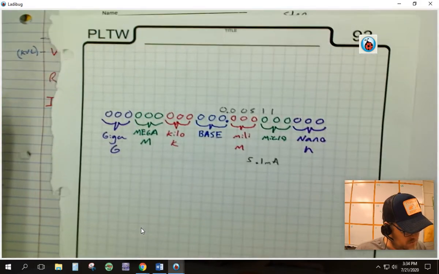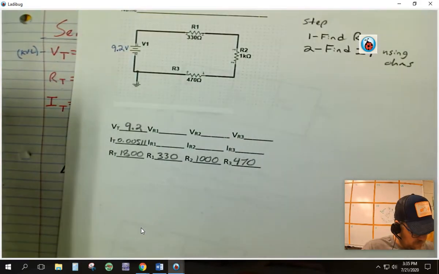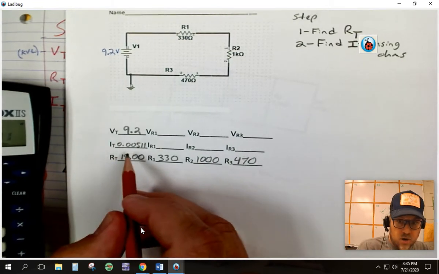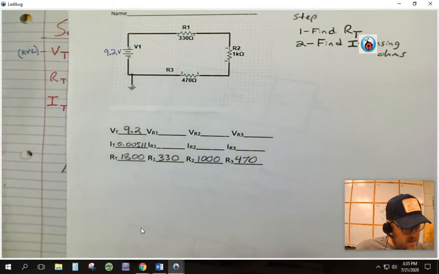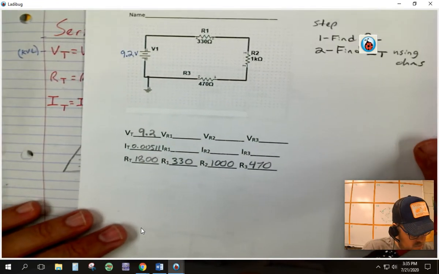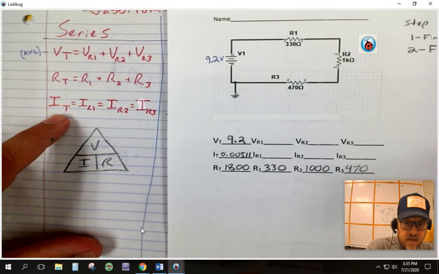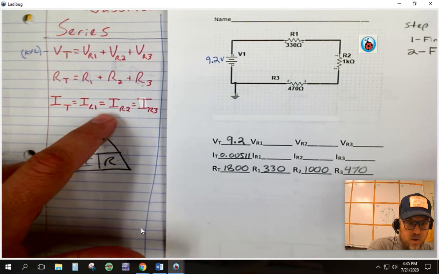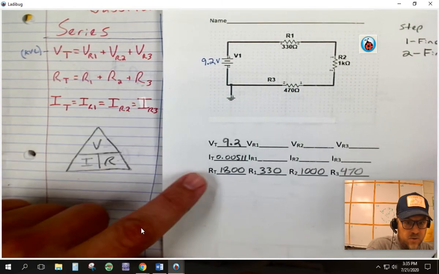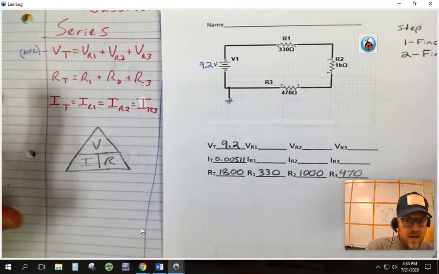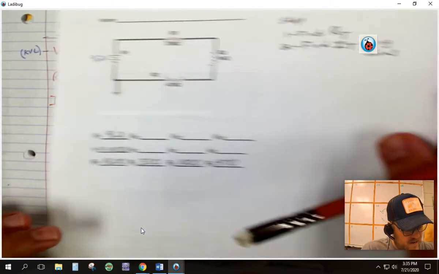So that's just to show you how that works. I've got that current written down. Now, what can I do next? Well, let's look at our rules about current in a series. What we see is that our current is always the same in series. So if I know the total, then the current at each resistor has to be the same.